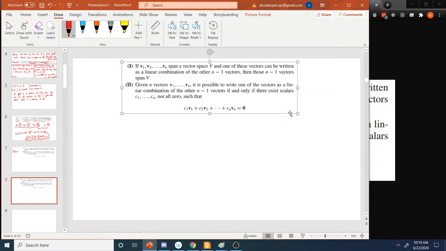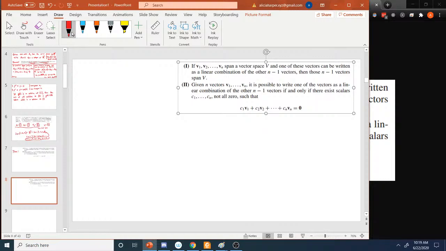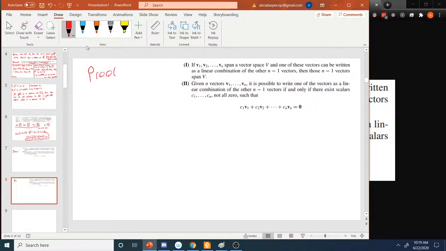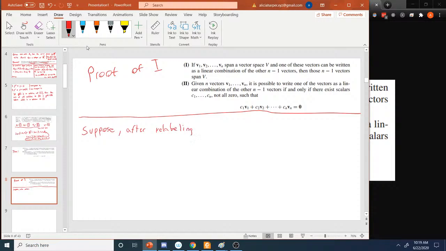I'm going to start with a proof of 1. So suppose, after maybe relabeling, that we can write Vn, the last vector in this list, as a linear combination of the n-1 vectors before it.